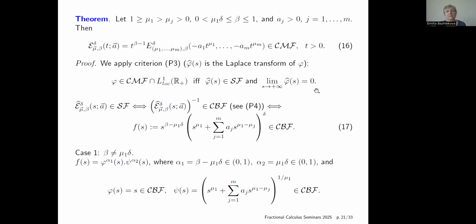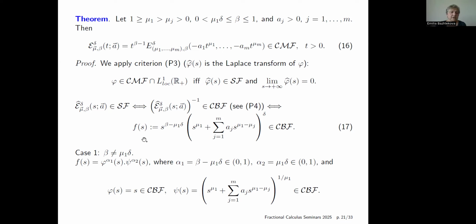So we apply criterion 3 and we have to establish that the Laplace transform is a Stieltjes function, which is equivalent to proving that the function f is a complete Bernstein function.